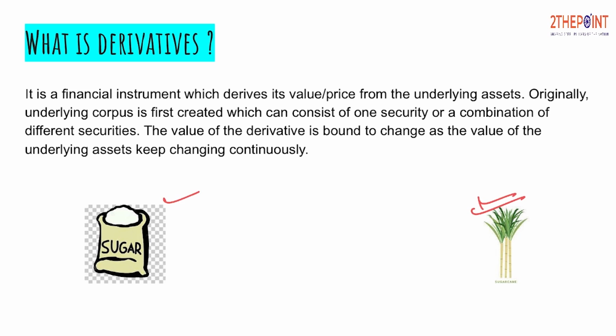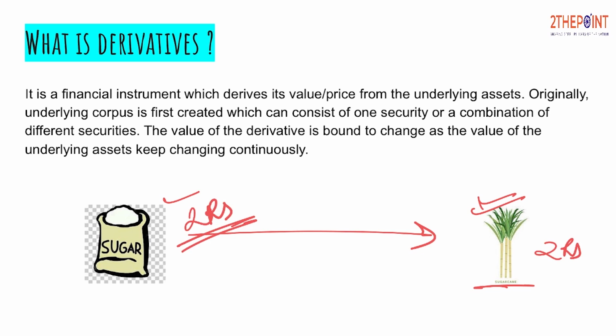Now if you see, the price of sugar is dependent on the price of sugar cane. Definitely it is not the case that if the sugar cane price changes by 2 rupees, the sugar will also change by 2 rupees. But certainly in the long run, if the sugar cane is getting expensive or cheaper, it will have an impact on the price of sugar sold in the market.